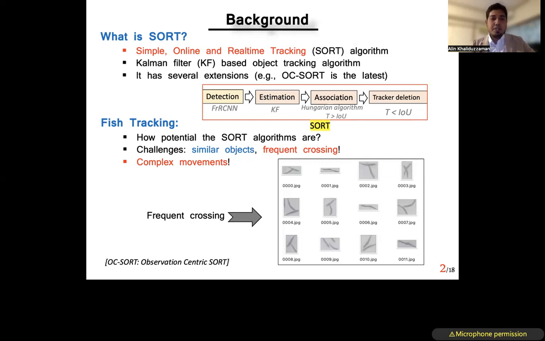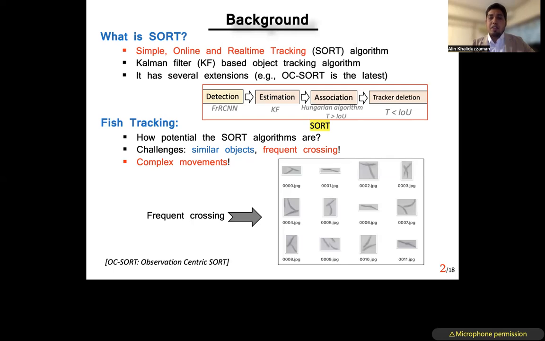Now let's discuss the scenario of fish tracking. Because we know the tracking of fish is much different from the tracking of pedestrians or other objects or cars. Because in the case of fish in a school, we can see very similar faces, very similar appearance of the fish.